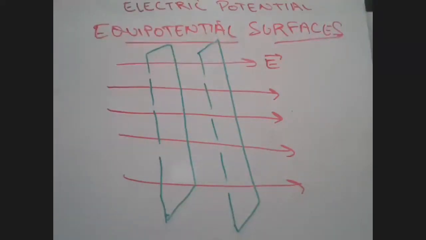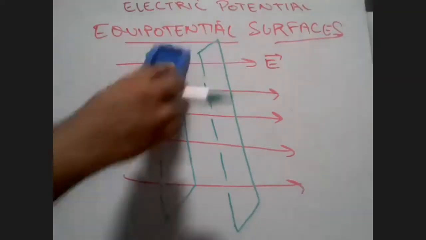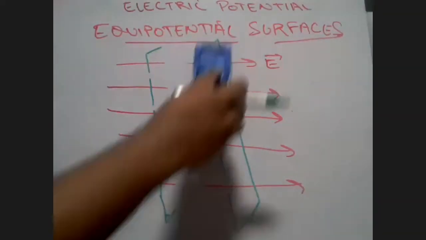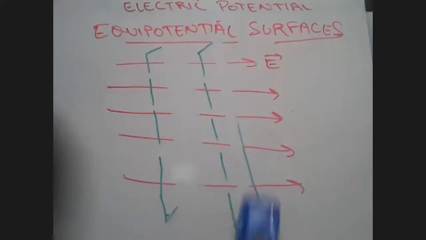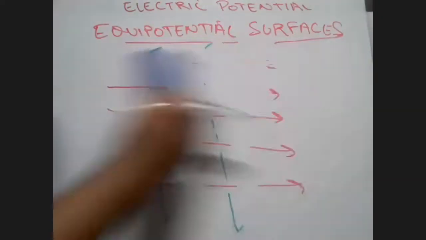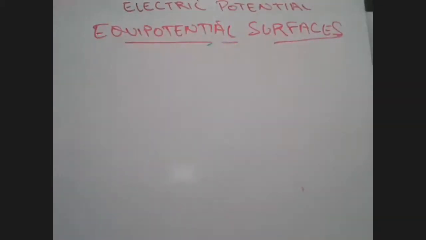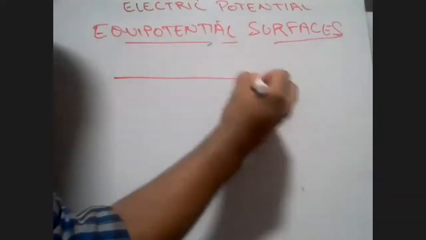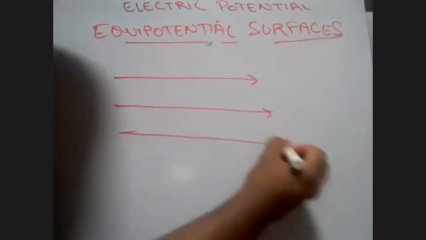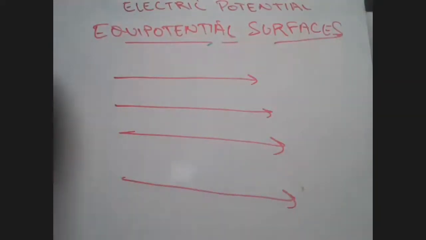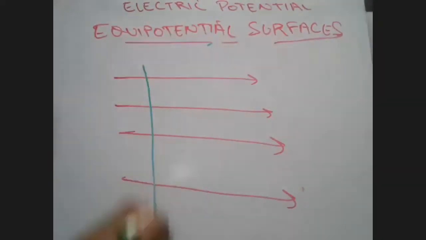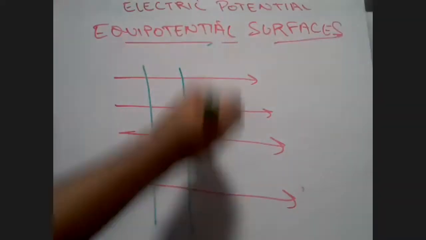If I take a two-dimensional view of this entire thing, I take E over here, electric field lines in this direction, and my equipotential surfaces are like this.